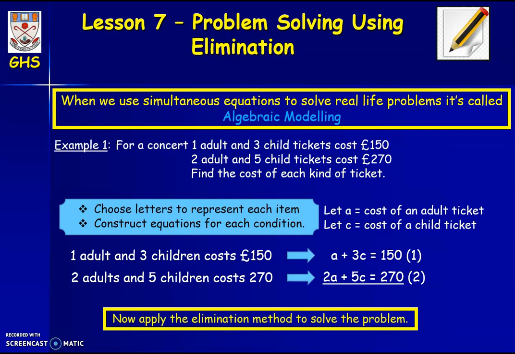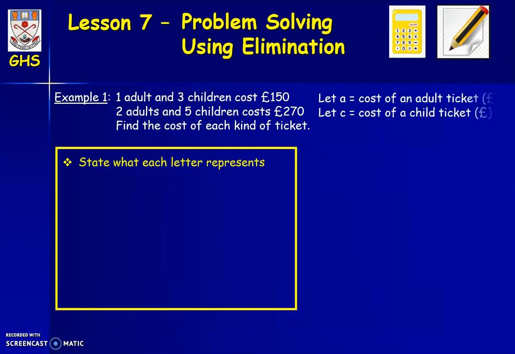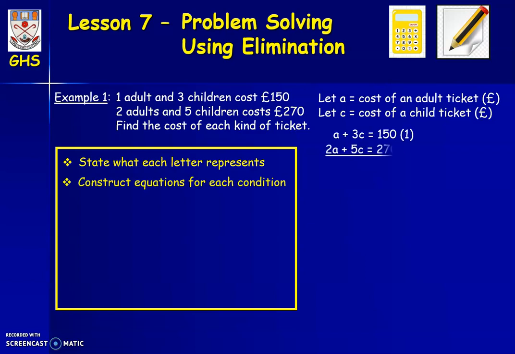After that, we just apply the elimination method to solve the problem. So let's look at example 1 in full. So we're using A for the cost of an adult ticket and C for the cost of a child ticket, and our equations will become A plus 3C equals 150 and 2A plus 5C equals 270.